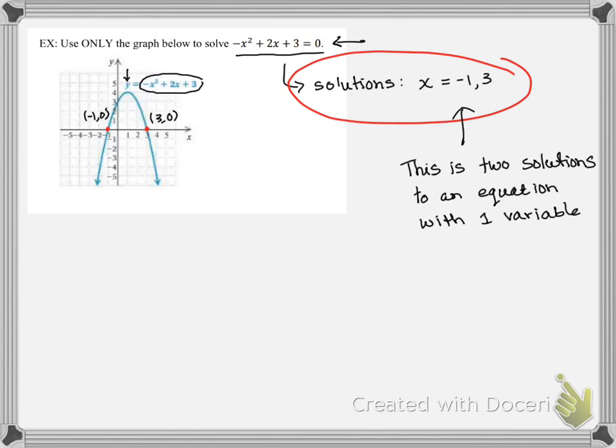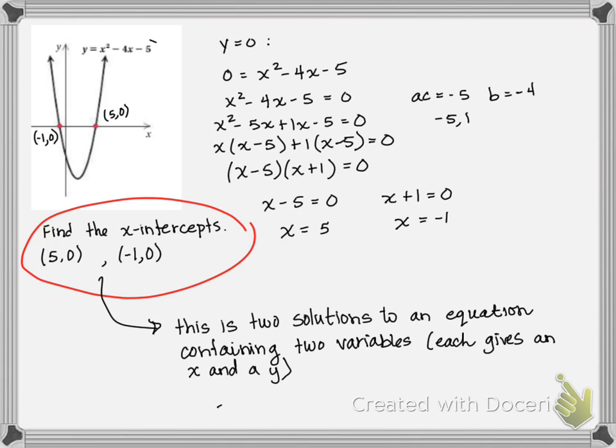Right? This equation right here only contains an x. And so my solutions are all x values. Whereas this equation contains both an x and a y, and that's why my solutions are ordered pairs. They give an x and a y value.